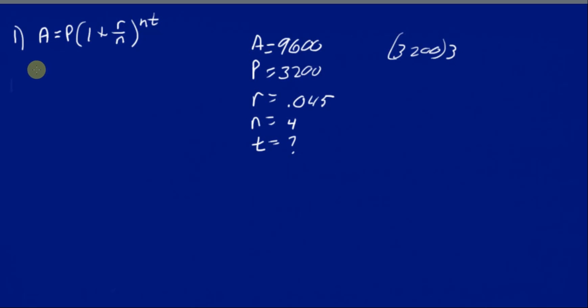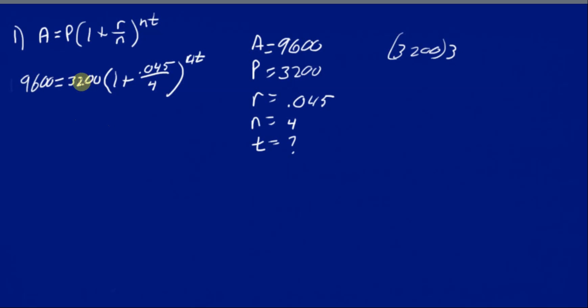So we're just going to take that ending amount of 9,600 equals the principal amount of 3,200 times (1 plus 0.045, the interest rate, divided by 4, the number of compoundings) raised to the n times t, so it's going to be 4 times t.